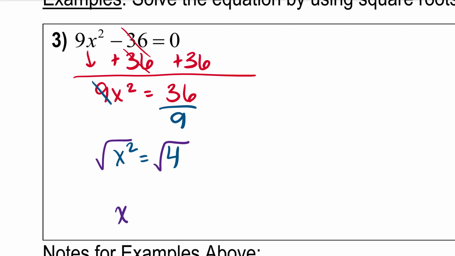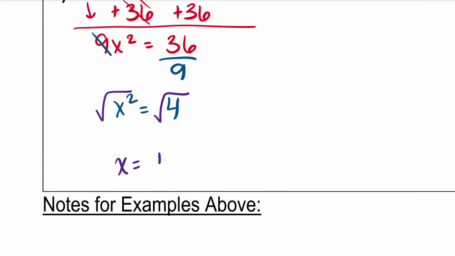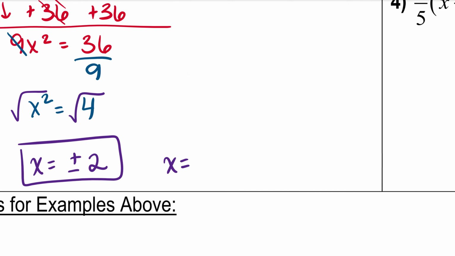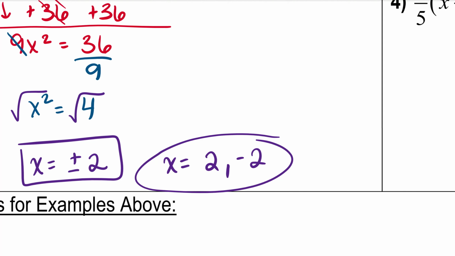That would give me x equals, and whenever you add a square root to a question, you have to include the positive and negative of the answer. So this would be my answer, real quick. That's it. Plus and minus 2. You can also write it, if you'd like, as 2, -2. That would be okay.